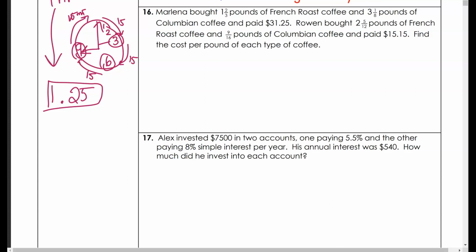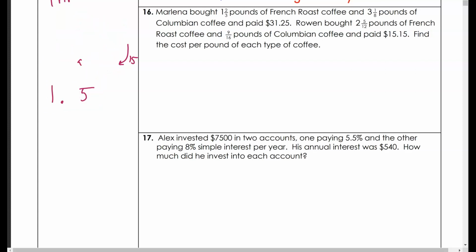So again, here we're going to go ahead and label our variables. I feel like I'm going to run out of space for this particular problem, so let me erase this on the sides and let's label our variables over here. We're going to say X is going to be the cost per pound of French roast.